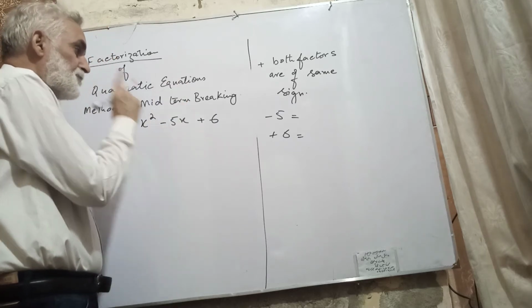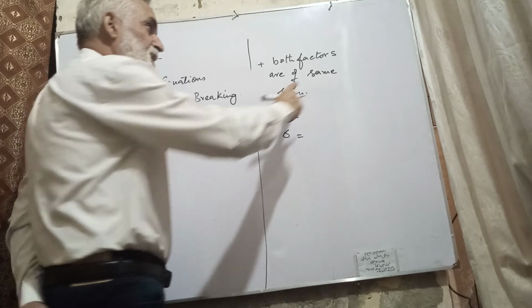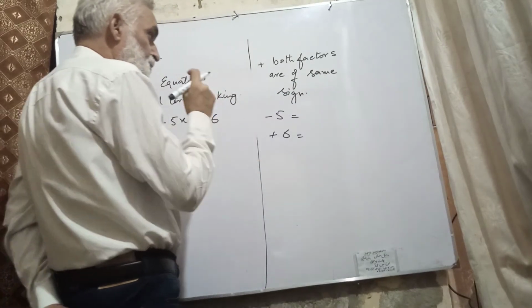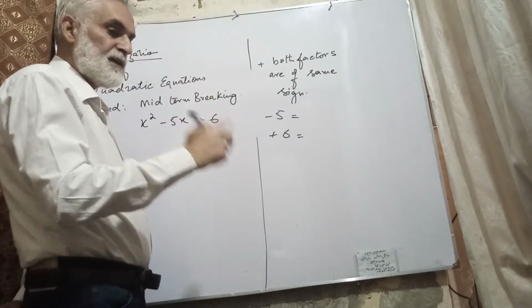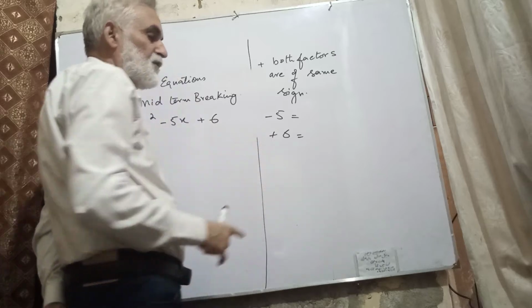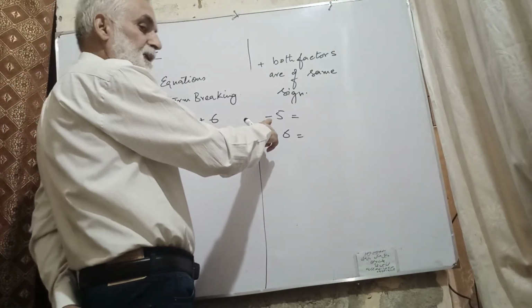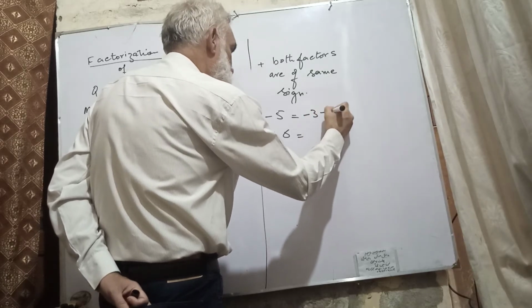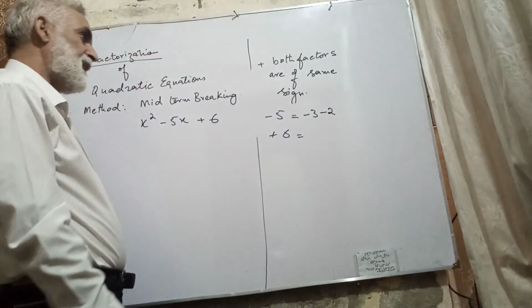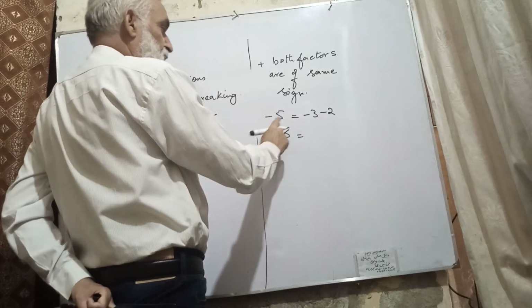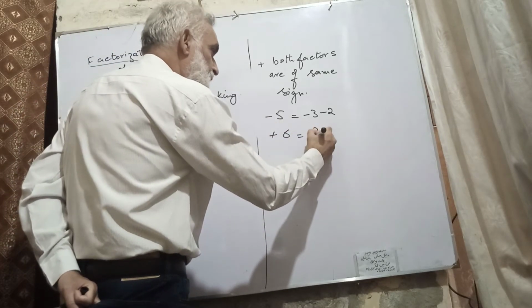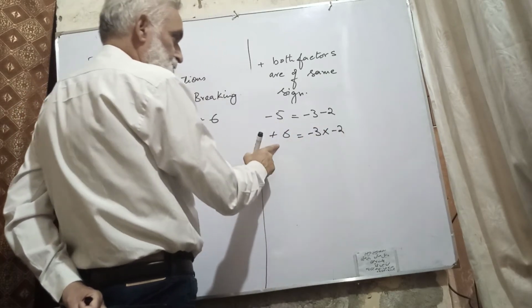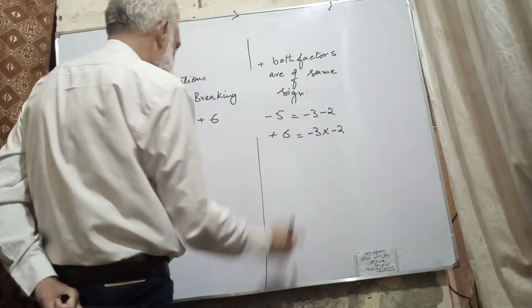It means that both numbers will be of the same sign, meaning both will be negative. When we multiply two negative numbers, we get a plus sign, and when we add two negative numbers, we get a minus sign. So minus 3 and minus 2 are the two numbers. When we add them, we get minus 5, and when we multiply them, we get plus 6.